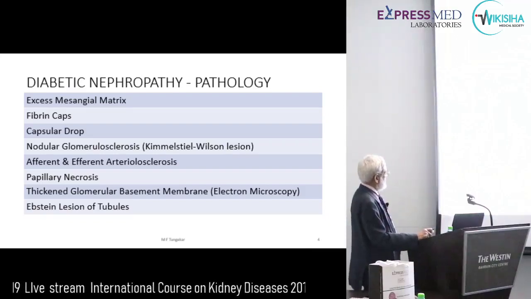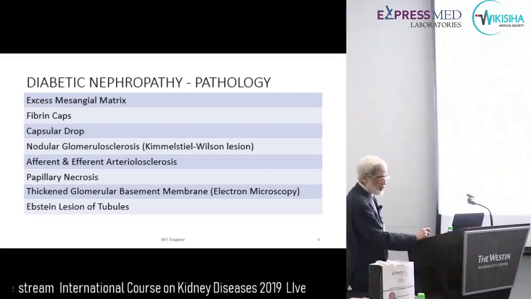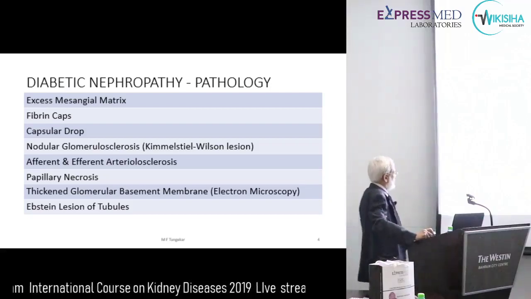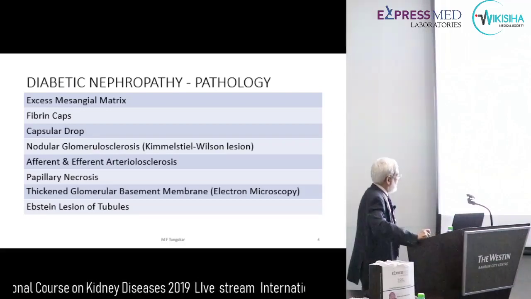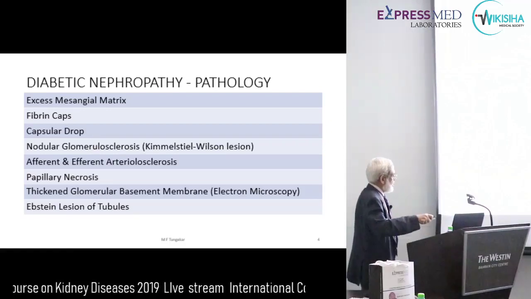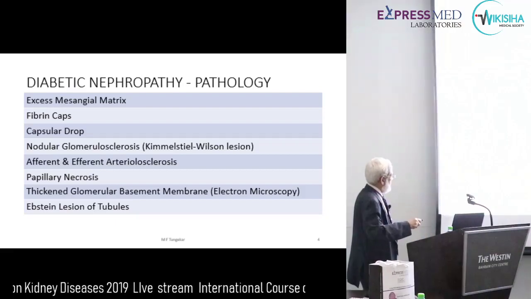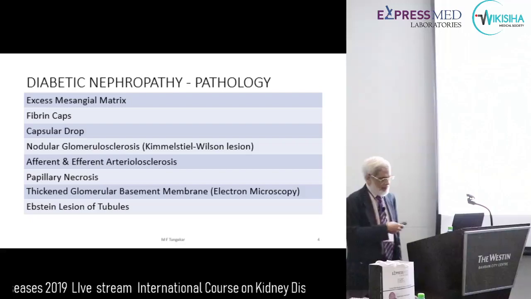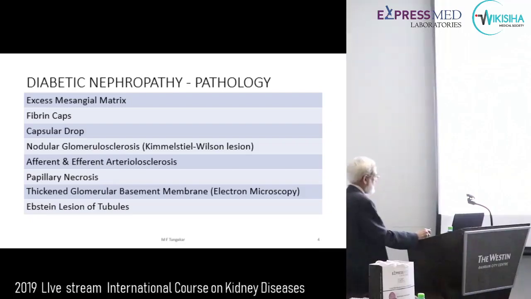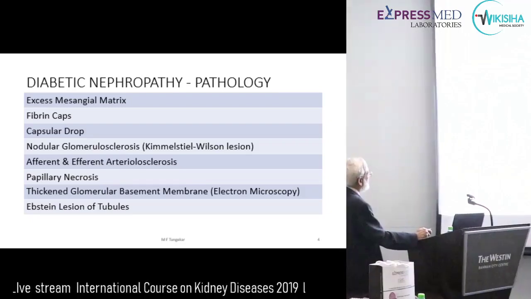Papillary necrosis is not usually seen in biopsy, but can be picked up sometimes. Thickened glomerular basement membrane needs electron microscopy. And an Armanni-Ebstein lesion of tubules, which is not very often reported. We will see an example of how the tubules look in this lesion.